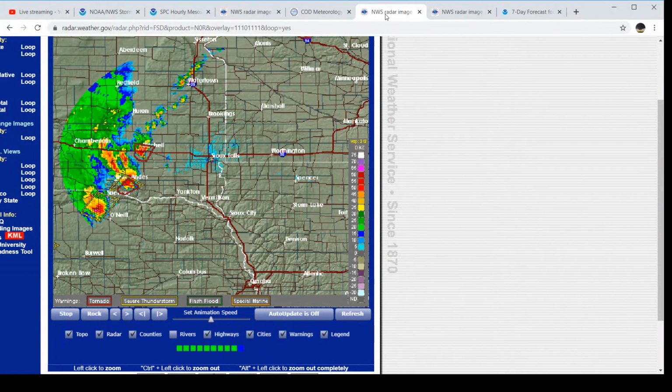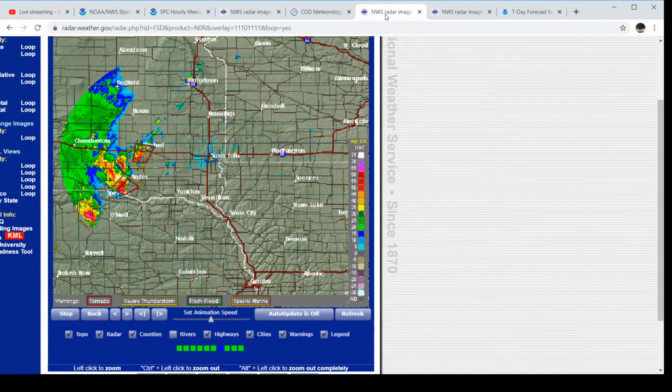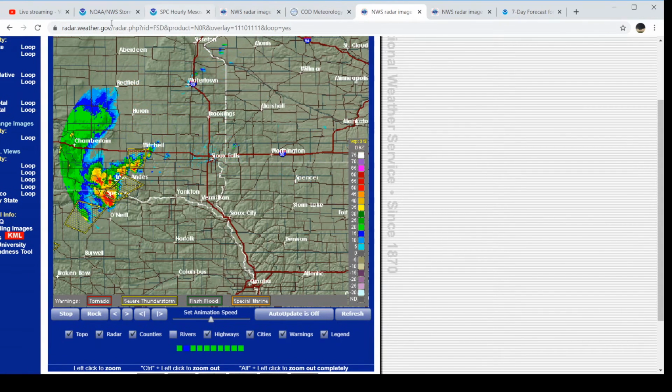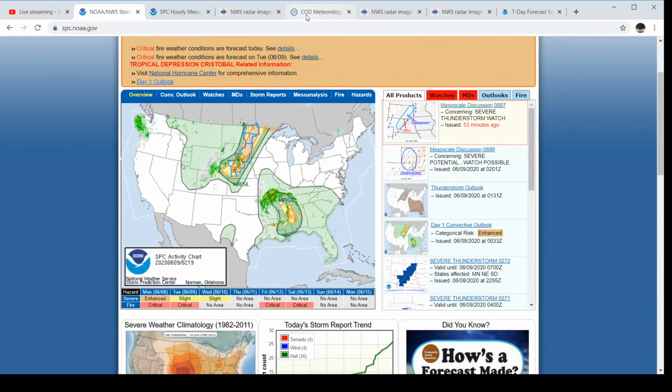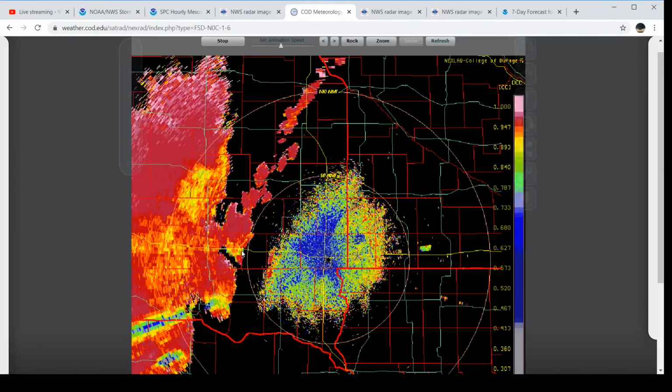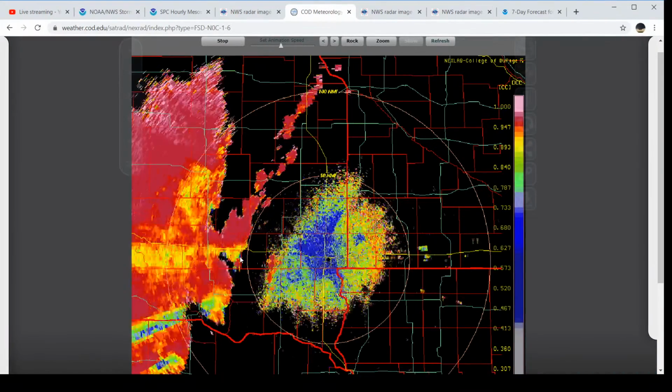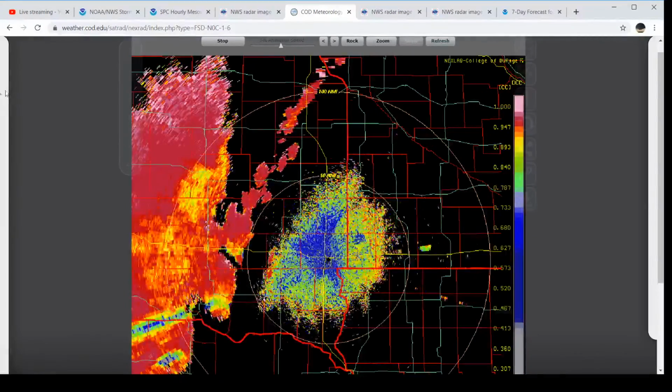Well, it may go a little... Well, it's going to hit pretty much downtown. I hope there's definitely not a tornado on the ground. Now, I don't see anything that's saying tornado.